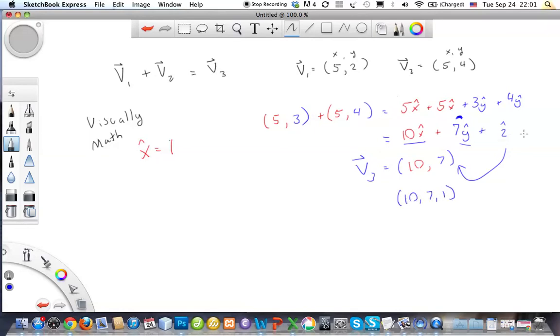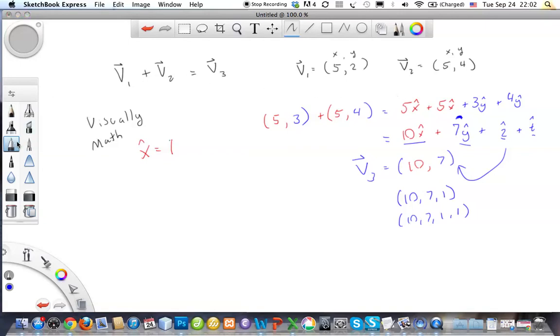If you had a t hat, maybe for time or something, you'd add a fourth component, so you'd get 10, 7, 1, 1. All right. So these unit vectors can assist you in addition to get another vector out, and they can also assist you in writing complex formulas when it comes to adding, subtracting, or multiplying vectors.